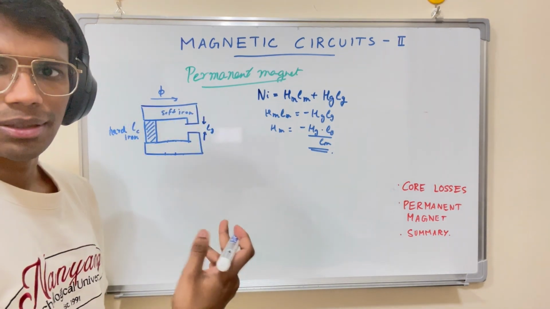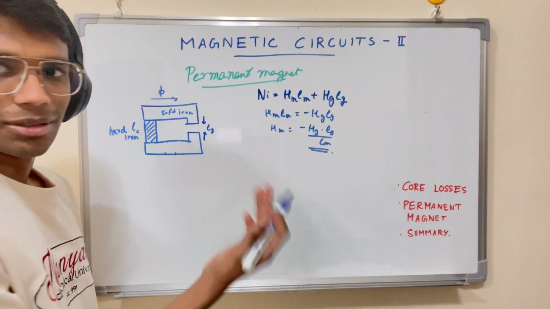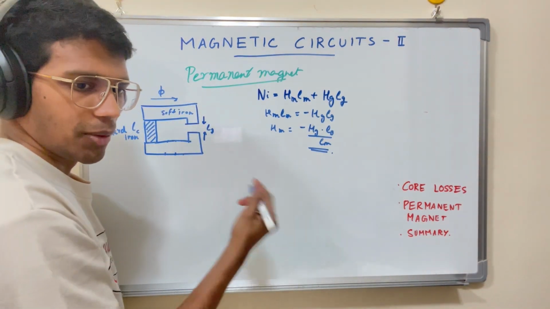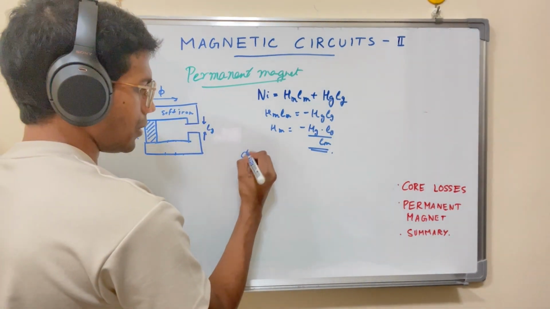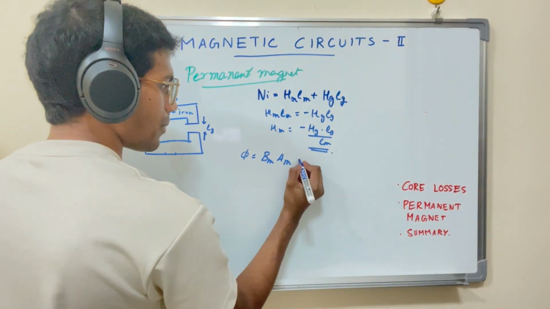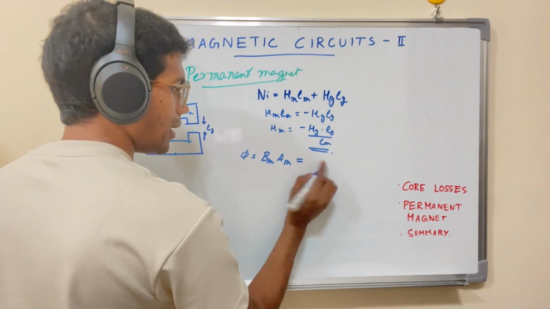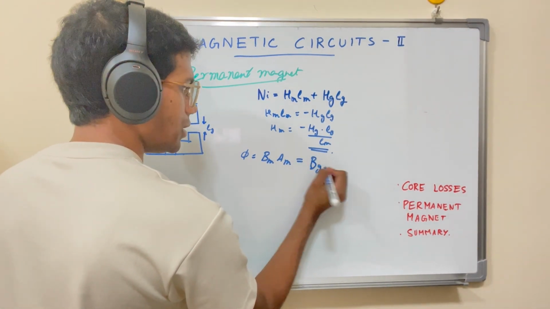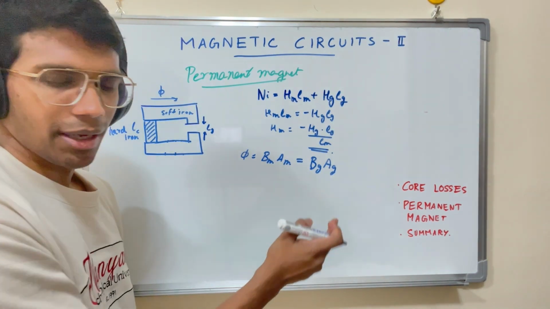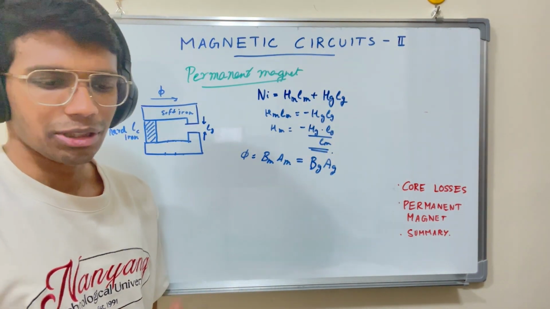Current to an electric circuit is like flux to a magnetic circuit. So for the sake of continuity of the flux, we could have flux equal to BM AM equal to BG AG, where this is the flux density in the air gap and the area of the air gap. And again, we're neglecting fringing.